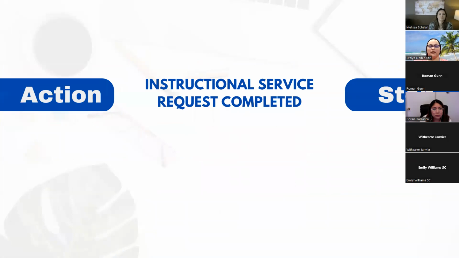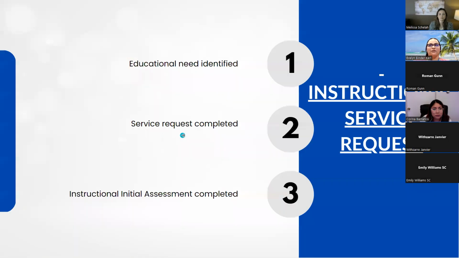So once we've completed an initial assessment, they do an evaluation of the student's educational needs. And if they determine that a student has educational needs, then they complete this request for instructional services. And so this is very similar to the same process as when we have a new student and the support service goes out.